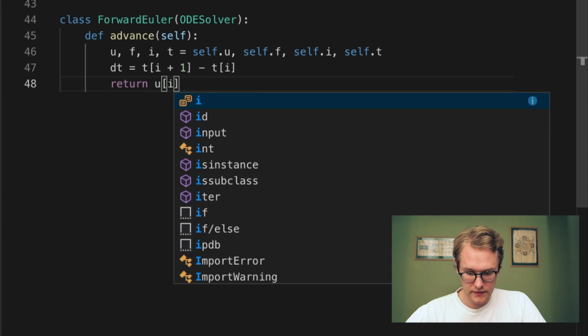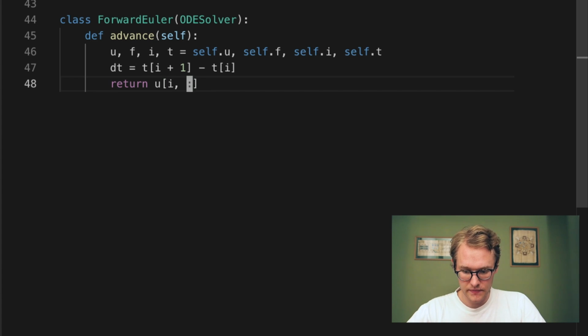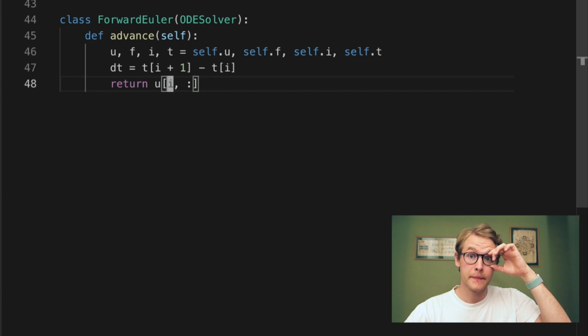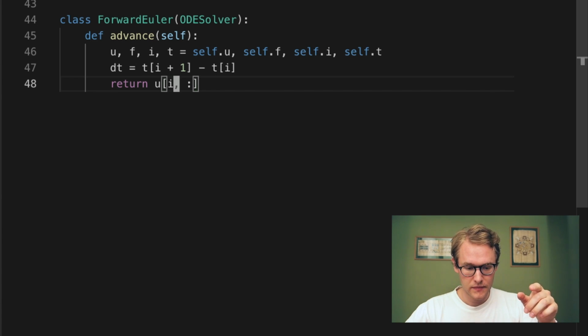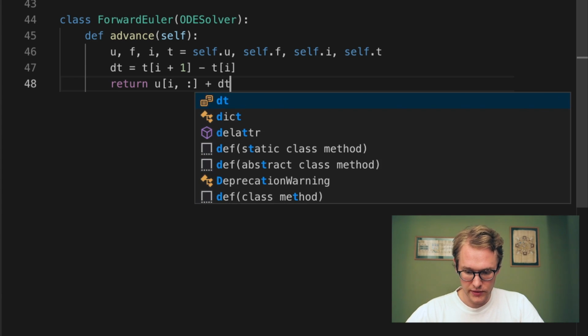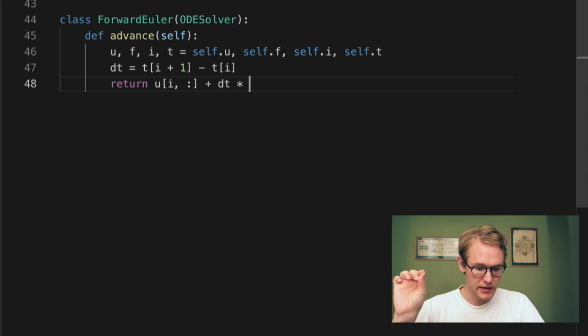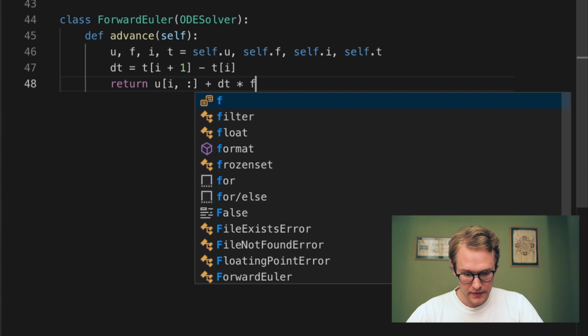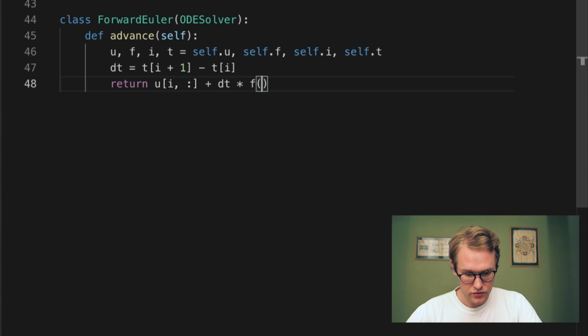And for all the equations, that's what the colon means, at this particular step I, we want to multiply our function by our tiny time step. That's what the integration is.